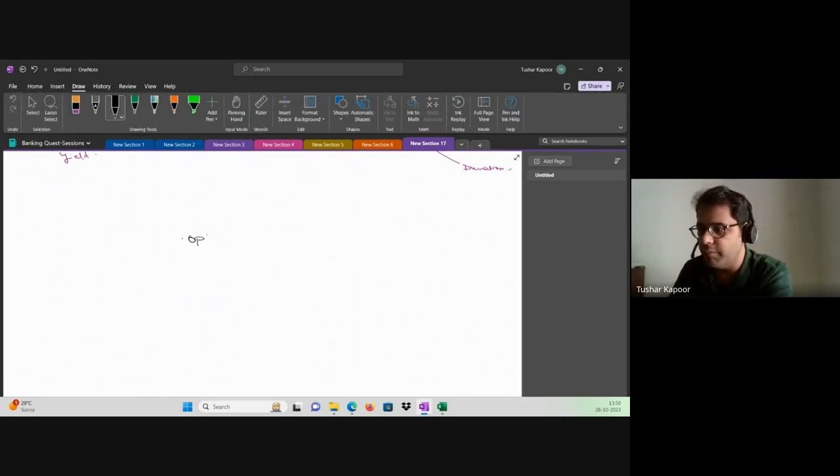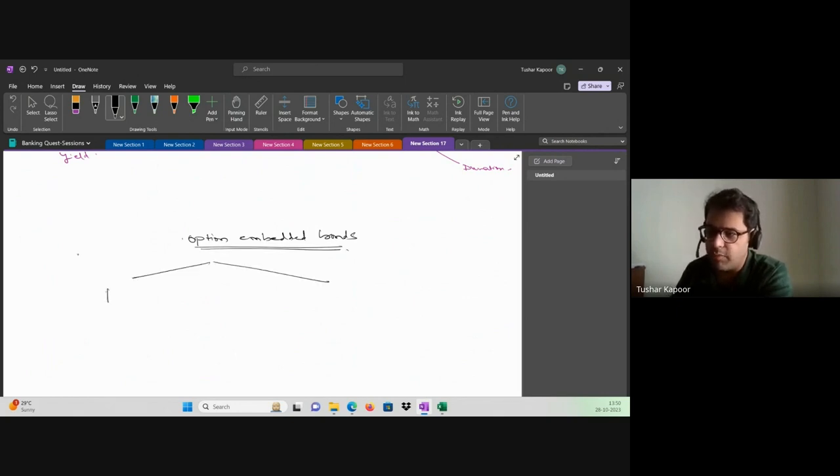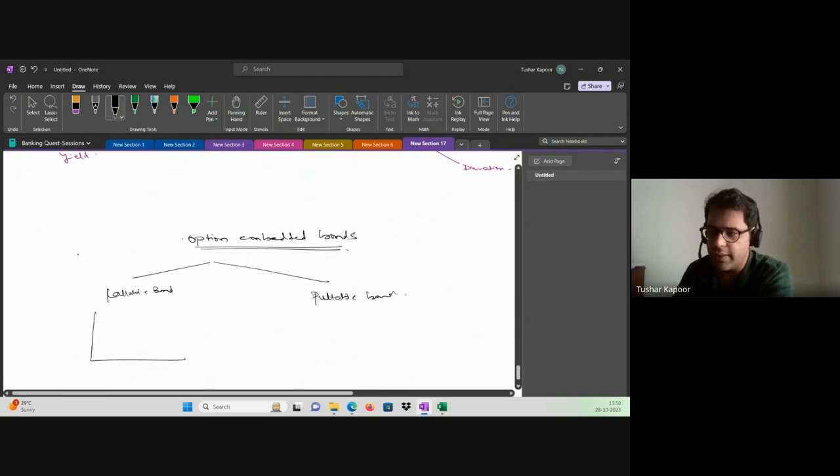This is where the third approach of effective duration and convexity comes into the picture. It can be of two types: a callable bond and a puttable bond. A callable bond structure looks somewhat like this.